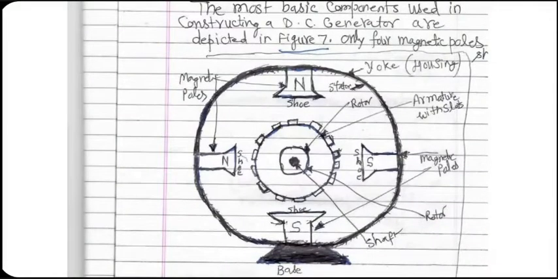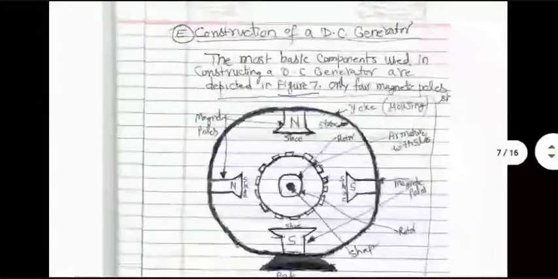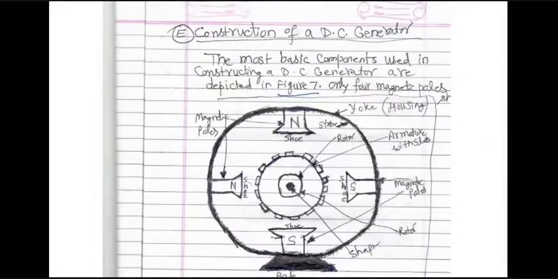Okay. So roughly speaking, this is how the cross section of a DC generator looks like, assuming 4 poles. Centrally located shaft, which is a solid piece generally, around which we have another cylinder, the outer periphery of which contains the loops of conducting wire in slots.